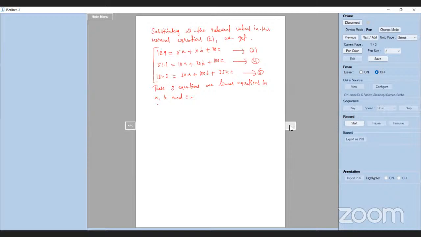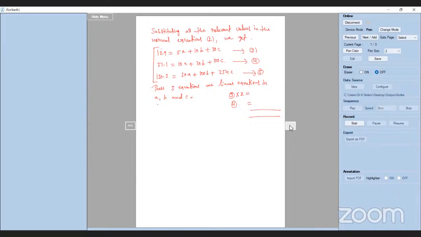Equation 3 is multiplied by 2. Do it like this: equation 3 multiplied by 2, and equation 4 as it is.